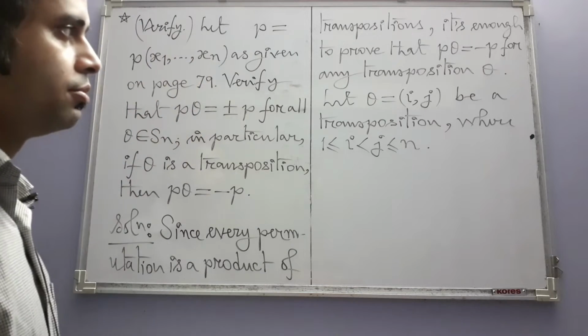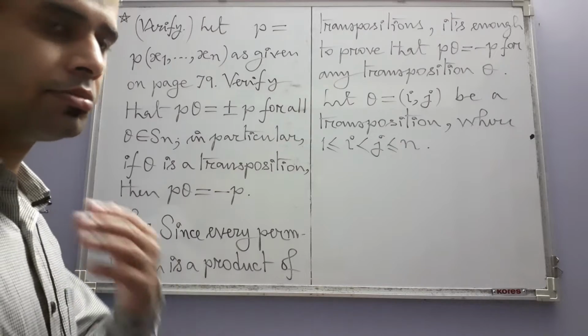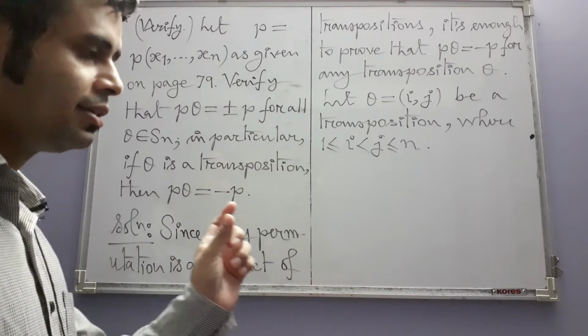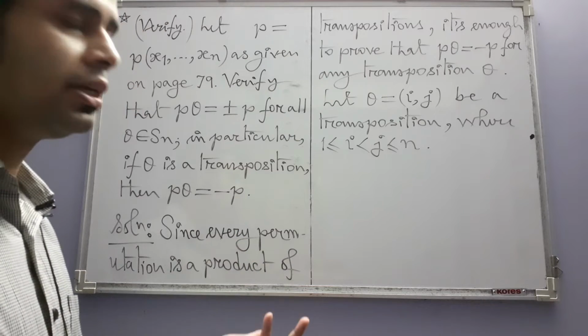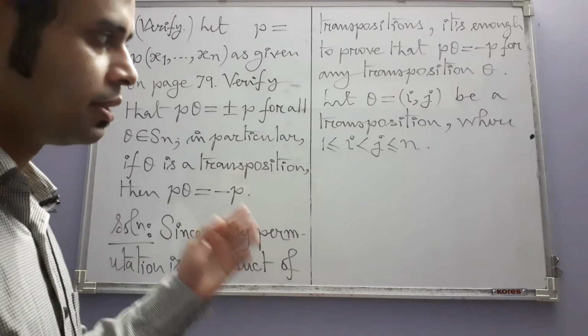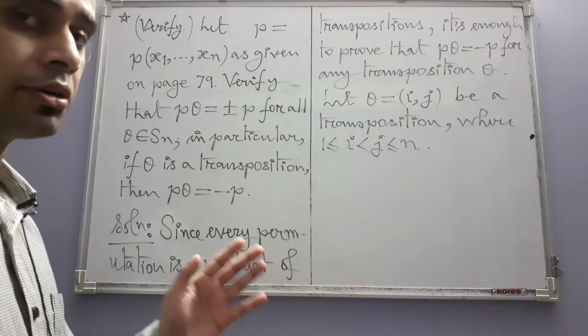Now we need to look at the polynomial and identify those factors in the polynomial that will actually be affected by theta. There will be some factors which will not be affected.